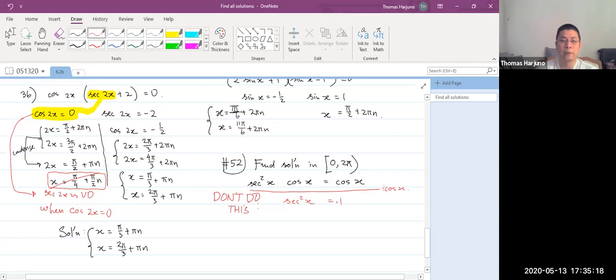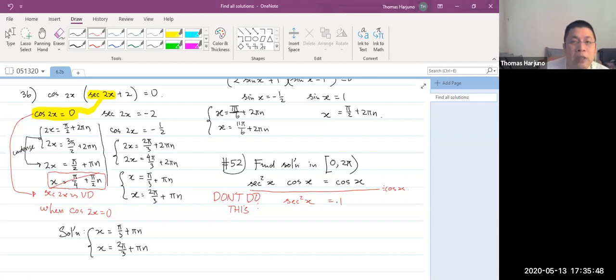What's wrong with that is that we are not supposed to divide by an expression that is possibly 0. When we solve an equation, we are not supposed to divide by an expression that is possibly 0. We may miss some solutions that way.